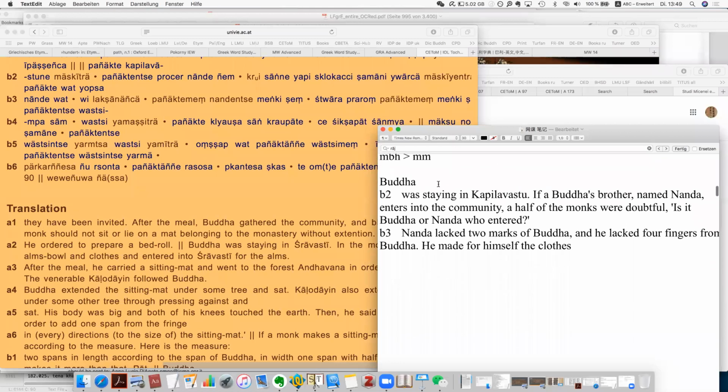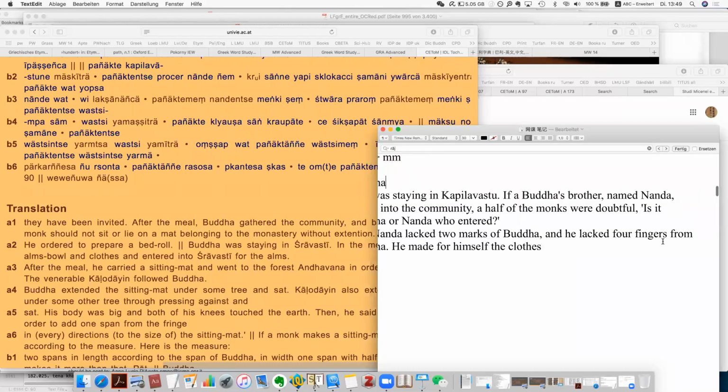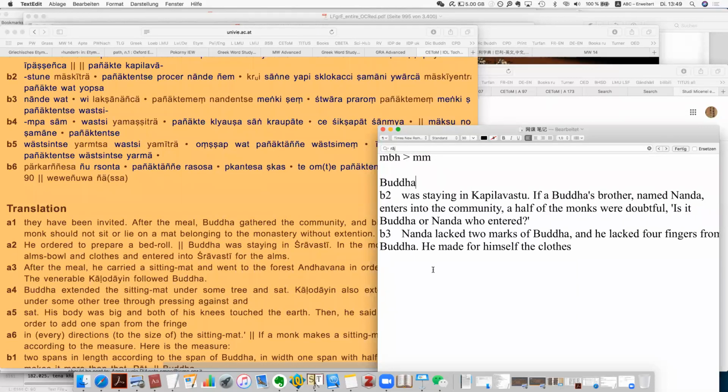So this actually was Buddha was staying in Kapilavastu, and if Buddha's brother named Nanda enters into the community, half of the monks were doubtful: is it Buddha or Nanda who entered? And then Nanda lacked two marks of Buddha, and he lacked 4 fingers from Buddha.